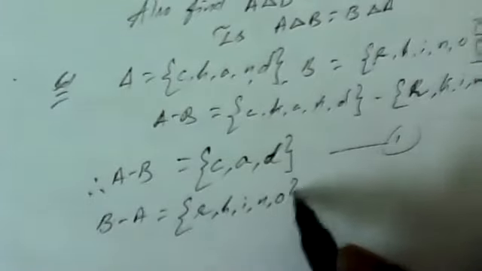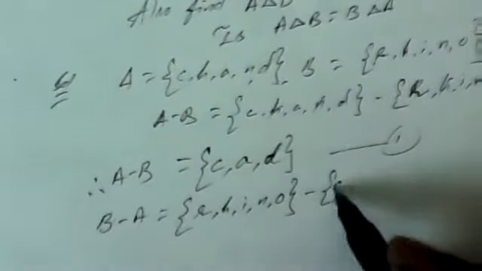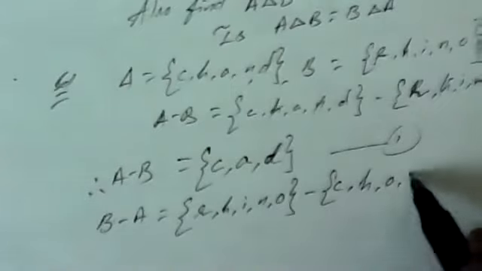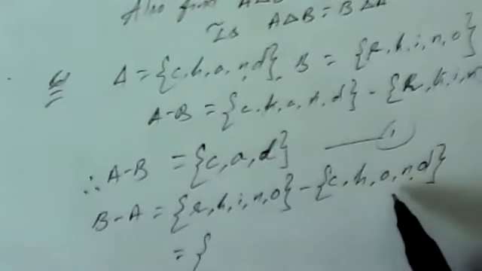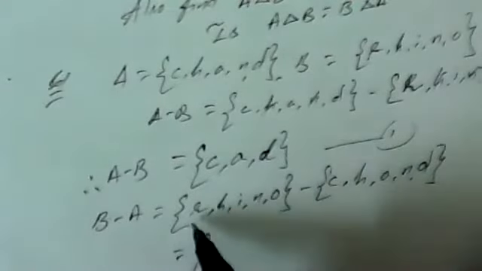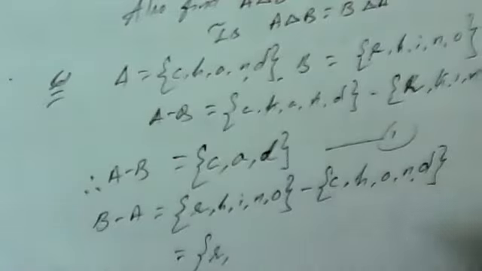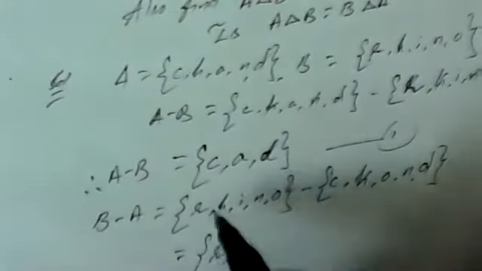Now let's take B minus A. B minus A is R, H, I, N, O minus C, H, A, N, D. Now in this, again we start writing. R is there? Not there, so we write R. H is common.